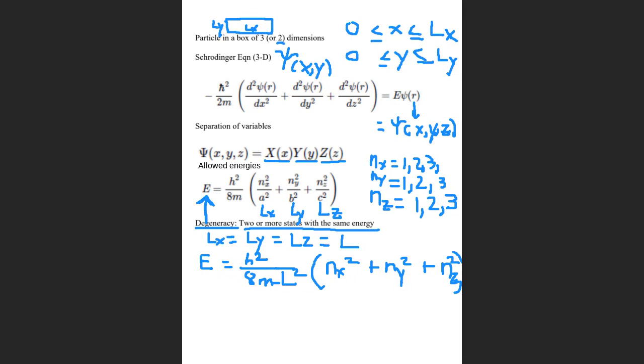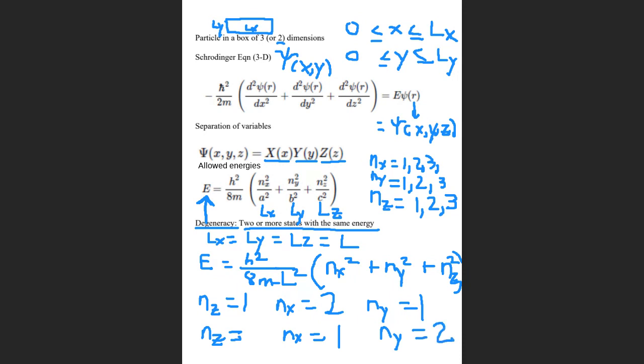Okay, if you just set the z quantum number equal to 1 and let nx be 2 and ny be 1, the symmetry of the system, because all the box lengths were the same, means this has the same energy as z is 1, x is 1, y is 2.